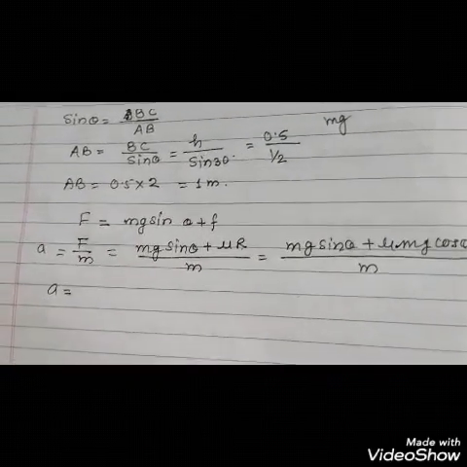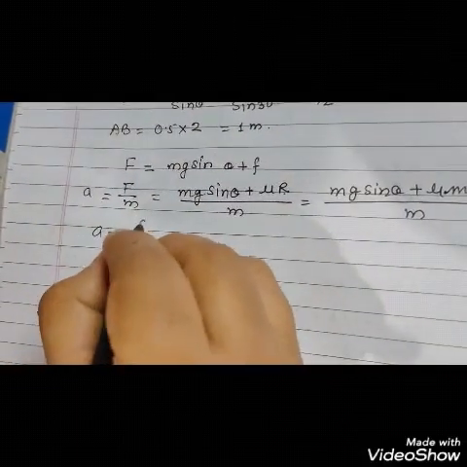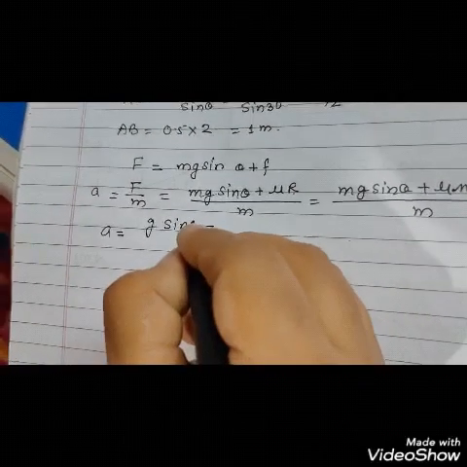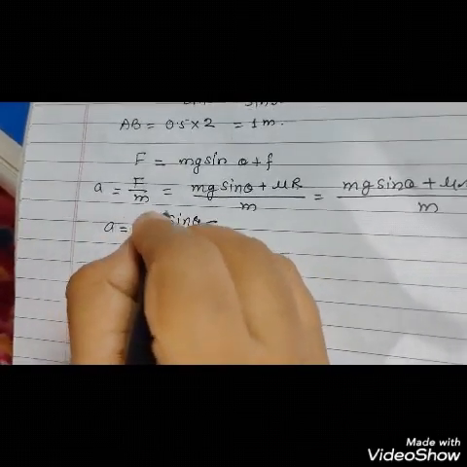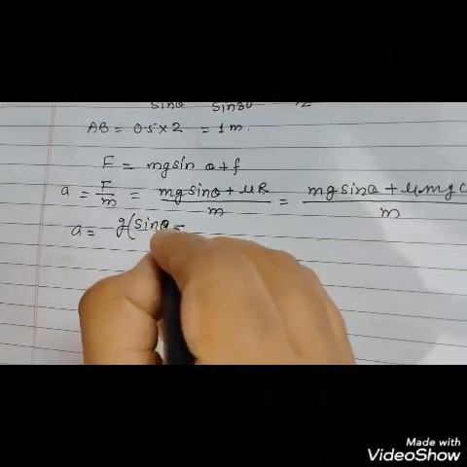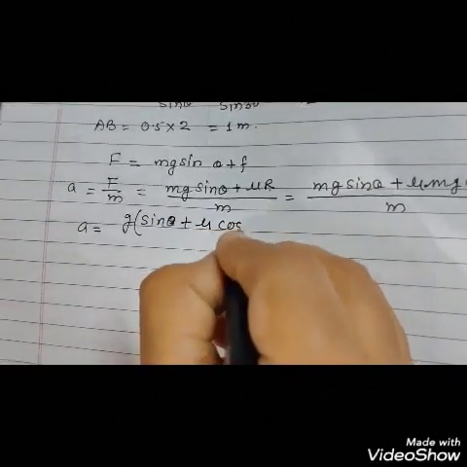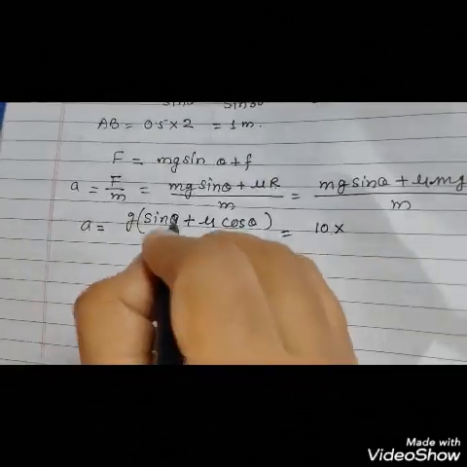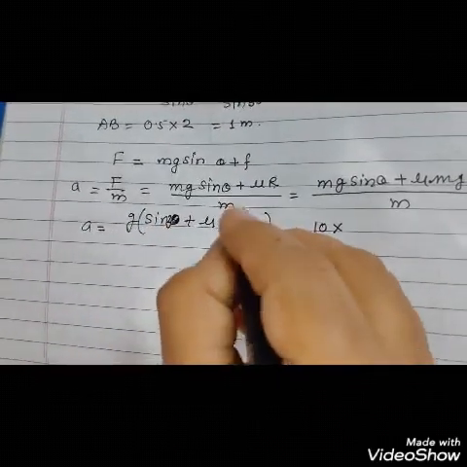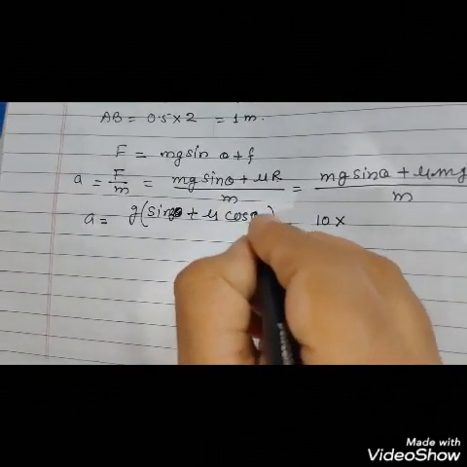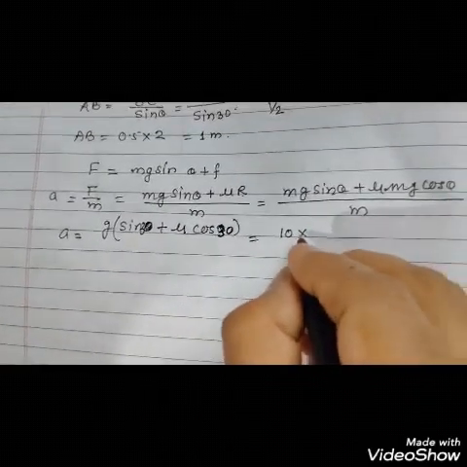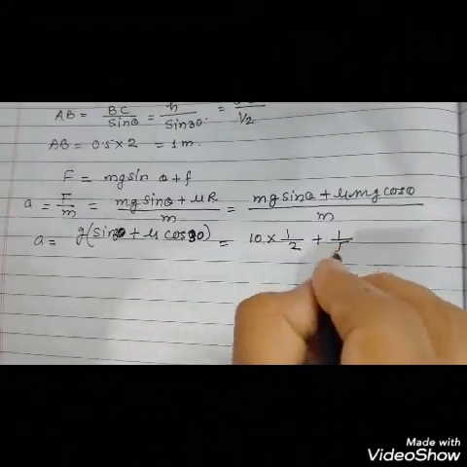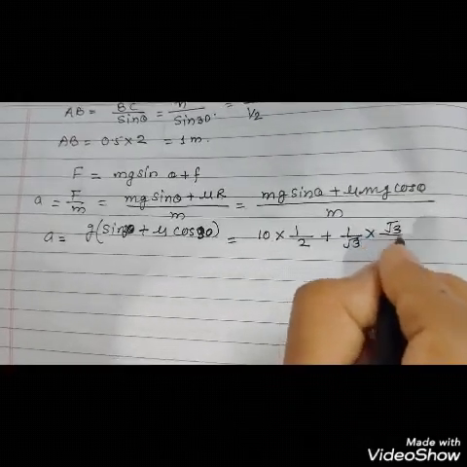So a is equal to g sin theta plus mu cos theta, taking g common. Here g is 10, sin 30 is 1 upon 2, mu is given as 1 upon root 3, and cos 30 is root 3 upon 2.